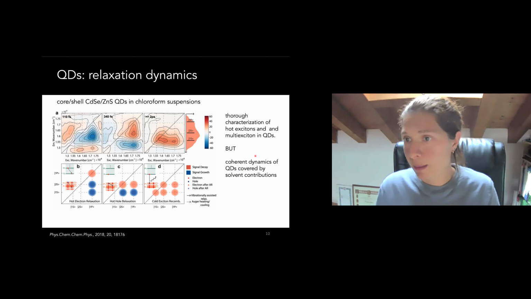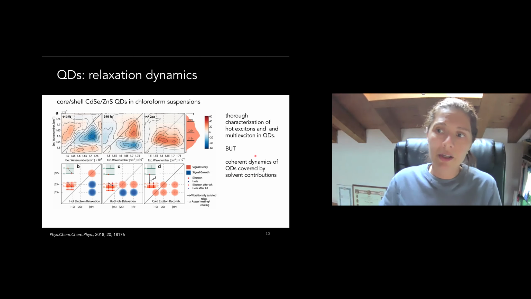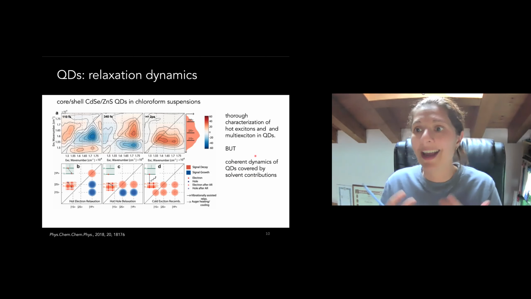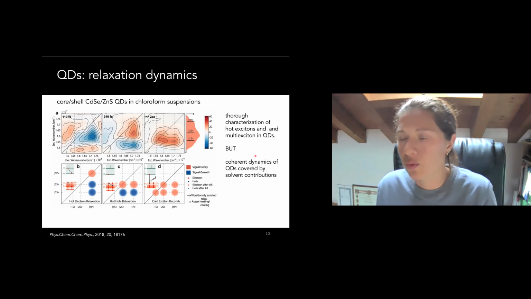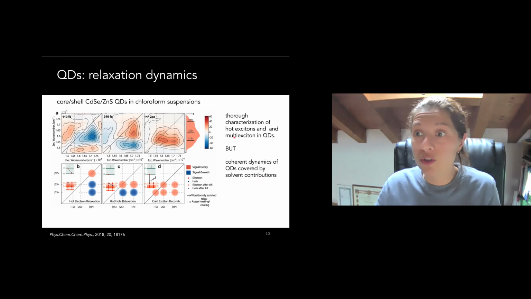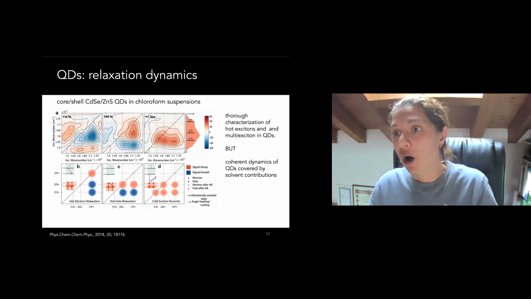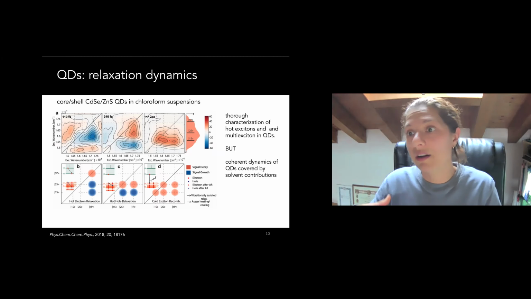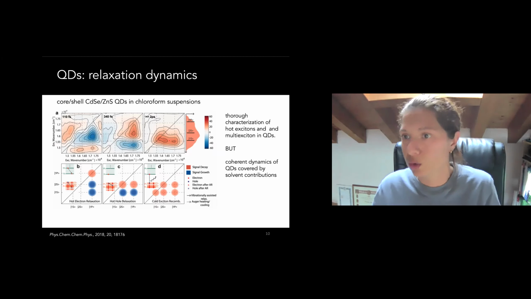This is a common problem when you study quantum dot suspensions, because typically quantum dots are prepared in suspensions of organic solvents like toluene or chloroform, and these solvents have a high nonlinear response, non-resonant in this case, right? And therefore the beating behavior of this signal was completely dominated by the vibrational modes of the molecules of the organic solvent, and these vibrational modes were basically covering any other quantum beating phenomenon due to the quantum dot.